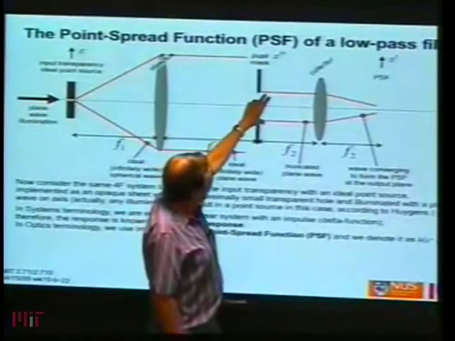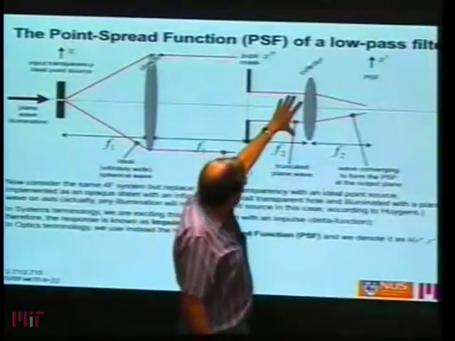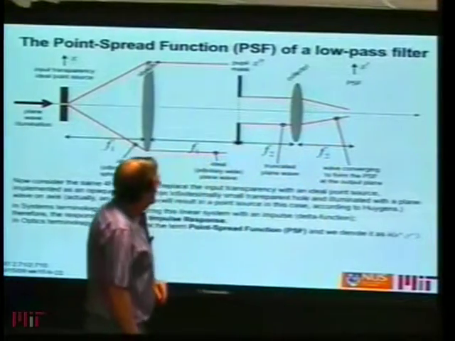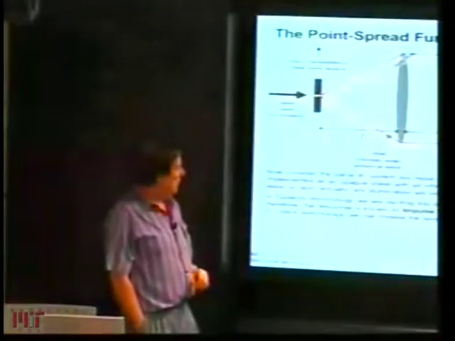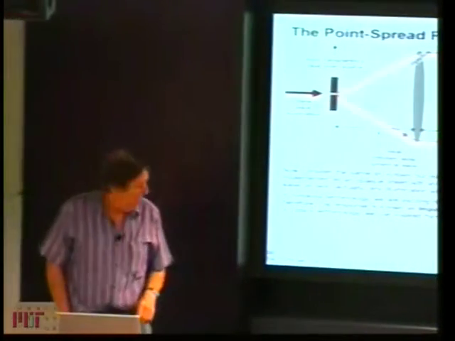Part of it is going to go through the aperture, get to a lens, and then be focused down and produce a converging wave to form a spot on the screen. This final spot is what we call the point spread function h of xy.